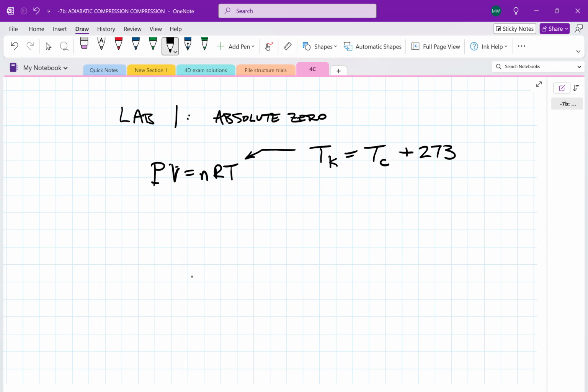So, given that, if we take that and put it in here, we'll find that it's nR times (T_C plus 273).